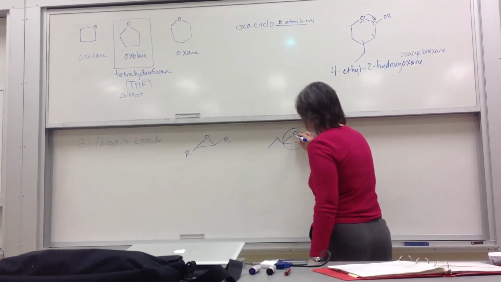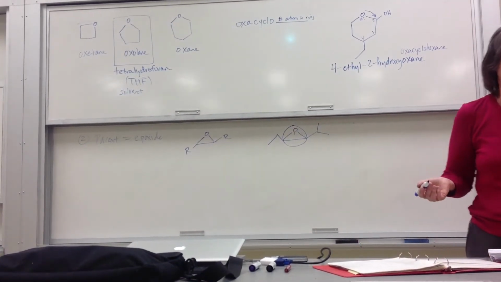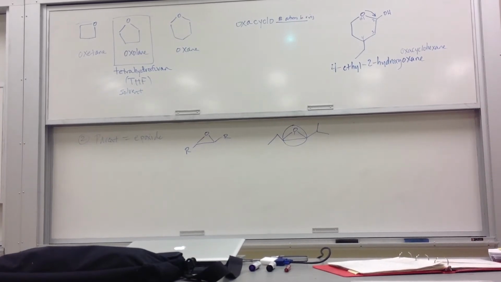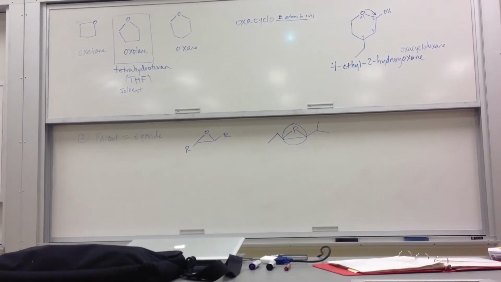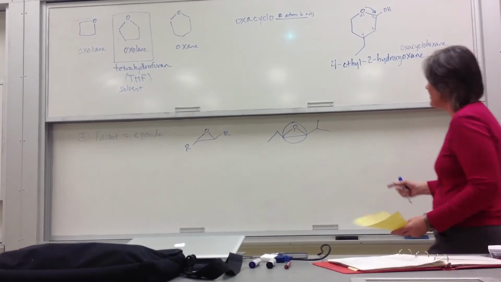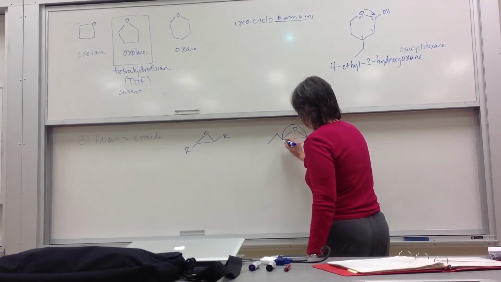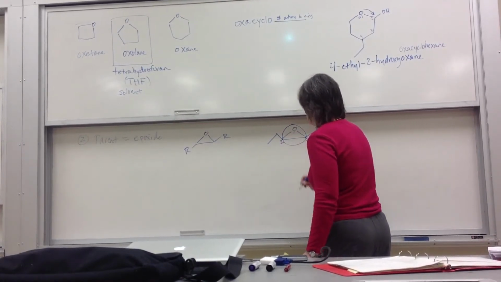So this is number 1. And then I gotta decide which way to go. So I'm gonna have a 2, 3, regardless of what I do. You guys see that? No matter which way I go, it's 2, 3. So how am I gonna decide? Alphabetical, yeah. So if I go counterclockwise, then I get ethyl instead of isopropyl first. So we'll go like this.